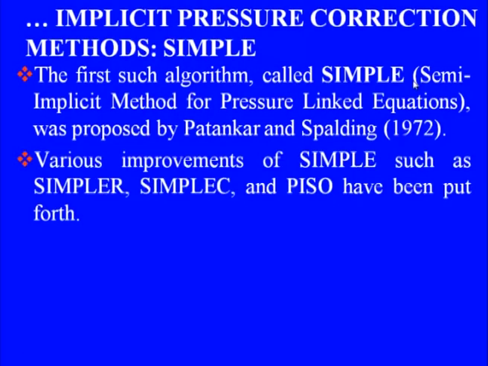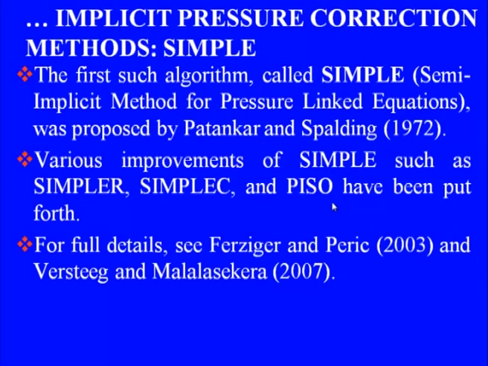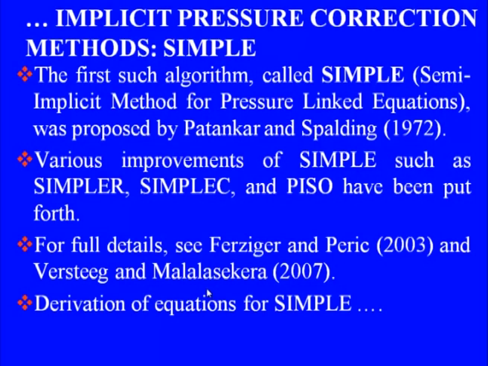And there are various improvements of SIMPLE such as SIMPLER, SIMPLEC and PISO, which have been put forth in the literature. For the details, please see the books by Ferziger and Peric and Versteeg and Malalasekera. In this lecture we have time only to discuss SIMPLE, and in the next lecture we will take up SIMPLEC and SIMPLER schemes. So, now let us have a look at the equations involved in the SIMPLE algorithm.